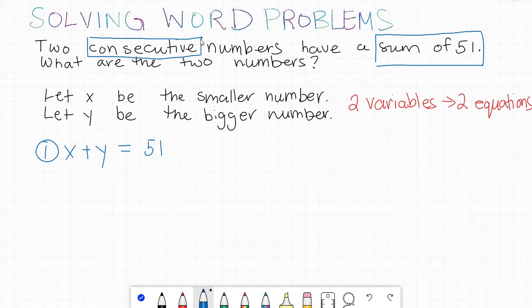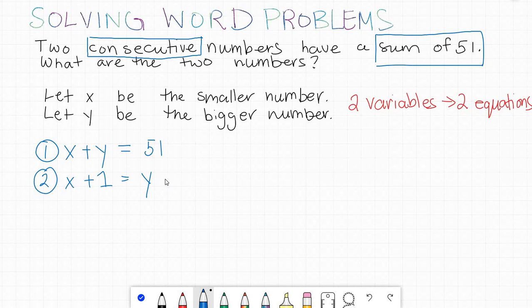So for example, 2 and 3, those would be a pair of consecutive numbers. 3 and 4, 18 and 19, etc., etc. So what that tells me is that if I have the smaller number, all I have to do is add 1 onto it to get the bigger number. So there I go. I have my second equation. X plus 1 equals Y.